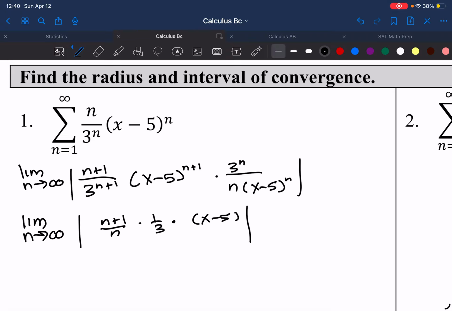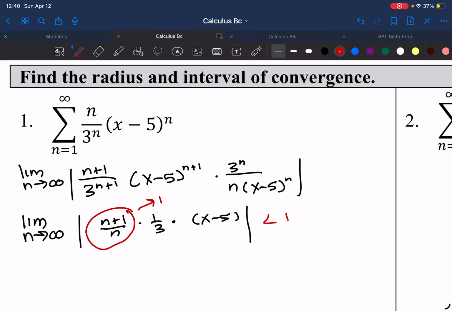Okay, so if I take the limit as n approaches infinity, I'm really only looking at this part here. Since they have the same degree, as they approach infinity, this is going to approach 1, which means this entire limit has to be less than 1. Okay, so I'm going to use those rules to say that it's less than 1.